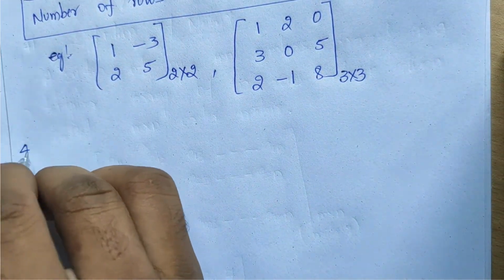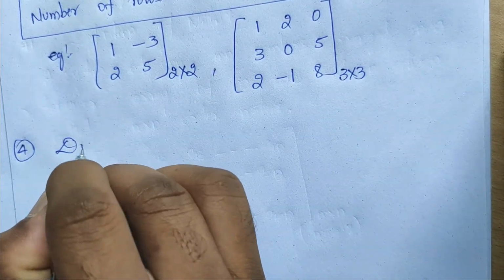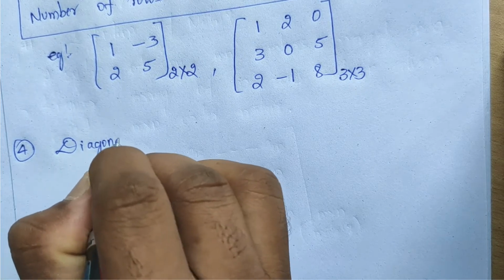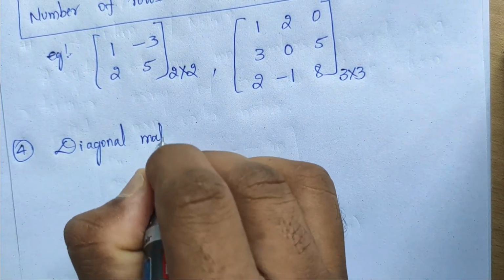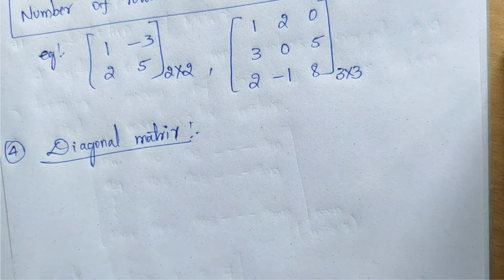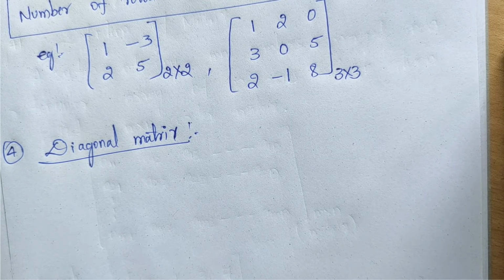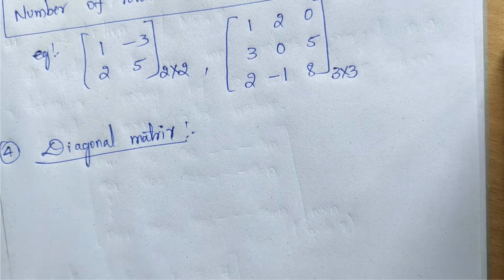Fourth one, diagonal matrix. A square matrix, all of whose non-diagonal elements are 0 and at least one diagonal element is non-zero, is called a diagonal matrix.